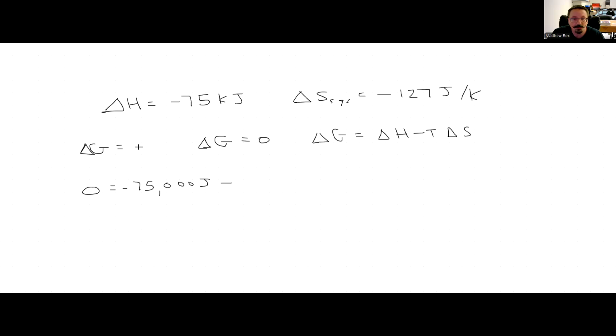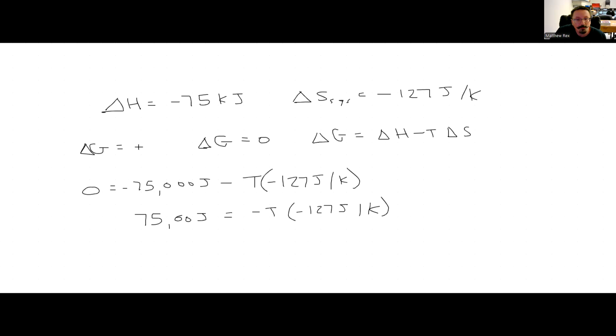You could go the other way if you want, and convert your delta S from joules to kilojoules and leave your delta H in kilojoules. Either will work. So I've got my equation here. Add 75,000 joules to both sides, and I get this.